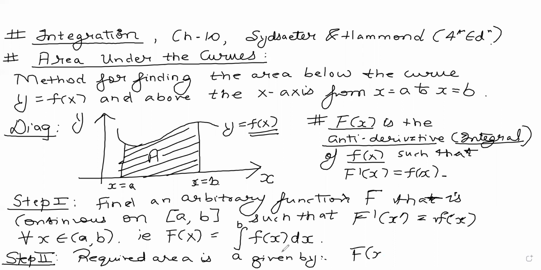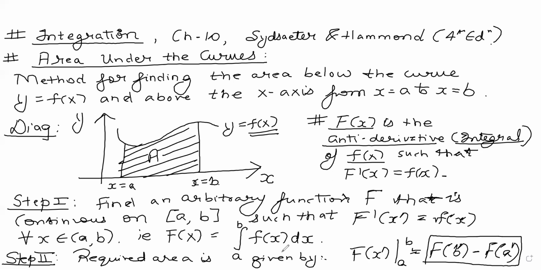And capital F of x, I will run from a to b. So what do we get? Capital F of b minus capital F of a. So the required area is nothing but capital F of b minus capital F of a.